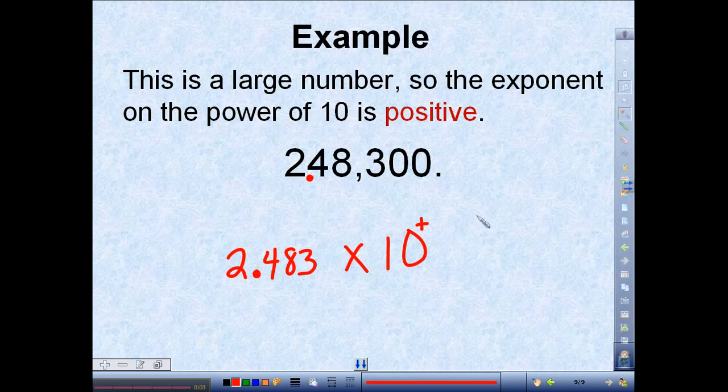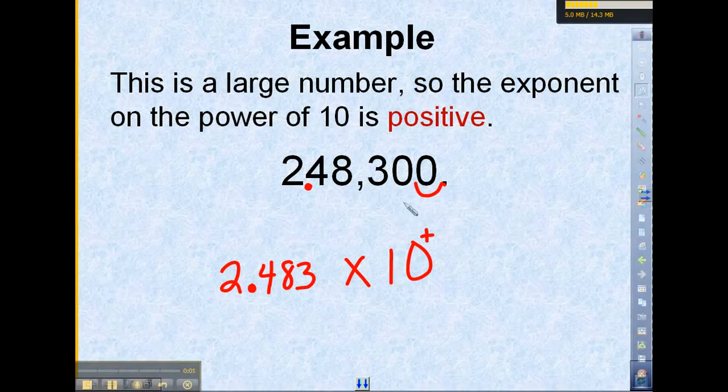And now to figure out what exponent goes here, you count how far. Okay, we were trying to figure out what exponent goes right here. The shortcut is just count how far you moved your decimal point. 1, 2, 3, 4, 5 places. We moved it 5 places.